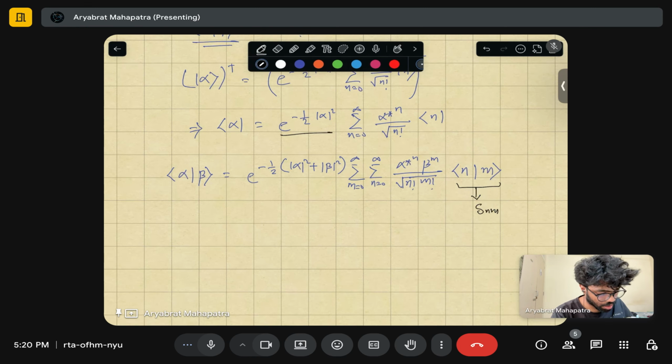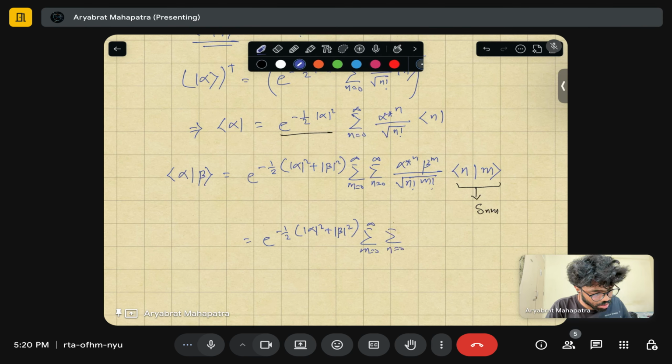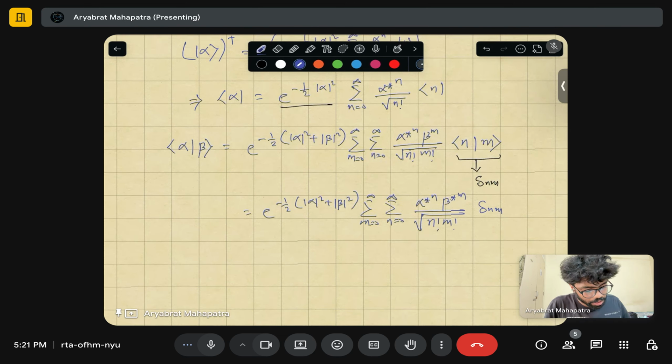From here you can write exponential of minus half alpha square plus beta square, summation up to infinity, alpha star to the n and beta to the m over square root of n factorial m factorial, delta nm.